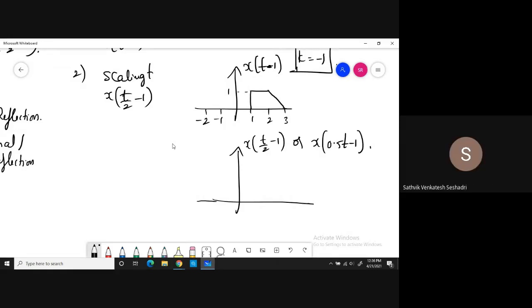You divide it by 0.5. So it will be present from 2 to 6, with an amplitude 1.